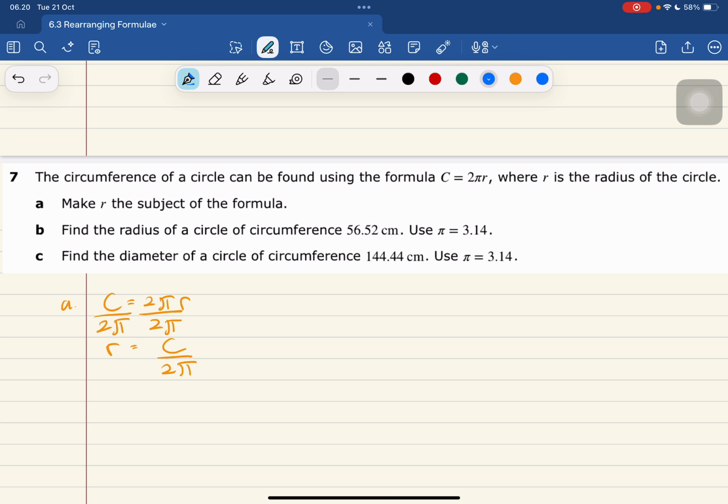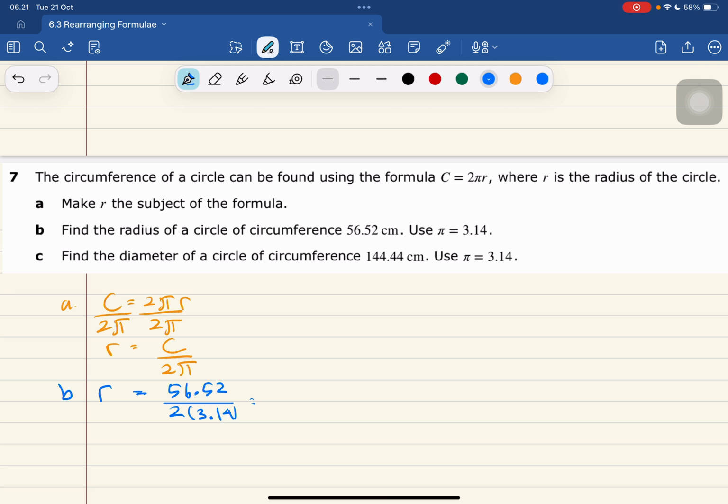Okay, B. So find the radius. If the circle circumference is 56.52, we divide by 2 times 3.14. So we need to divide it.